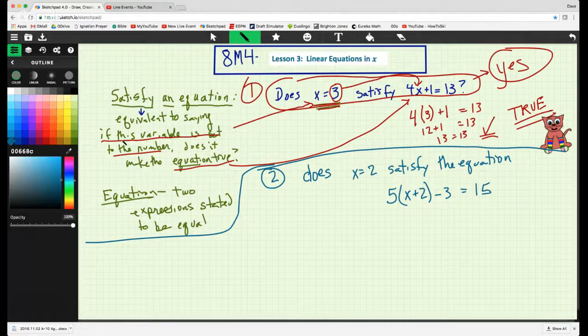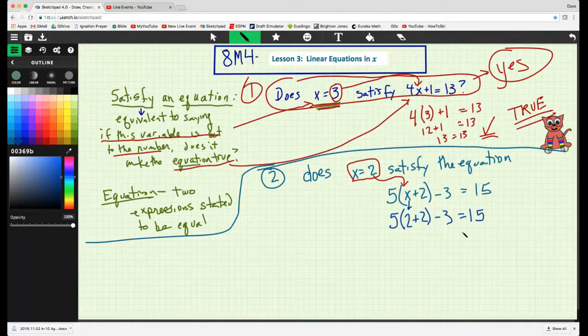And so what we do is we look at our statement here. Does this satisfy the equation? So everywhere we see an x, we're going to replace it with a 2. So we rewrite our equation: 5 times 2 plus 2, we replace our x with a 2, minus 3 equals 15. And now because we have no variables, we can evaluate both sides.